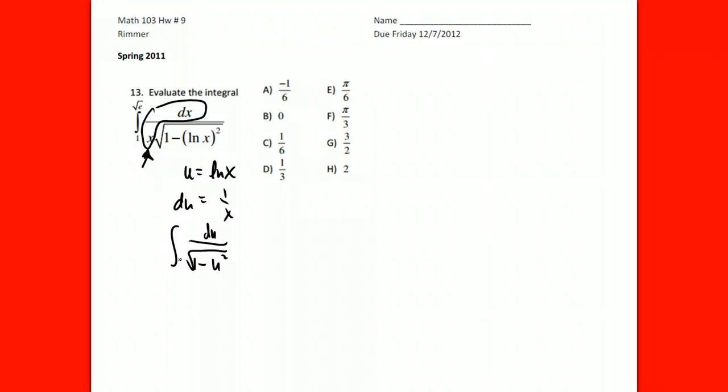So now it's exactly like an arc sine. 1 over the root of 1 minus u squared is the antiderivative of it, arc sine. So we transform back and we have the arc sine of the natural log of x.